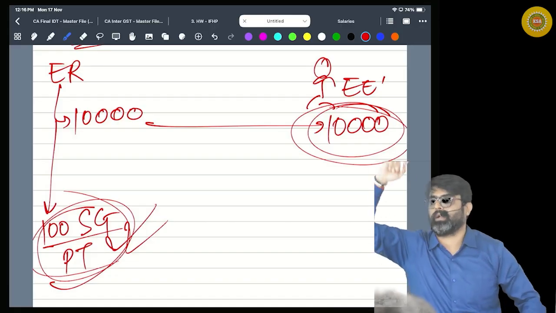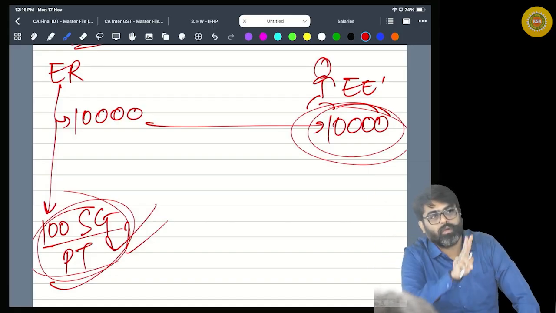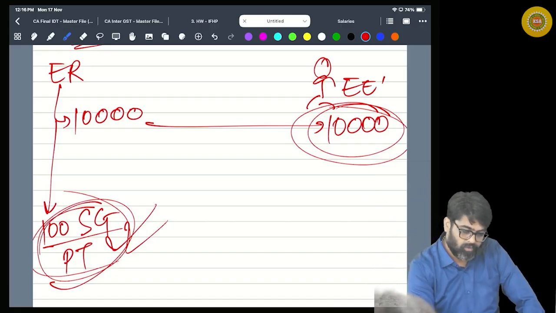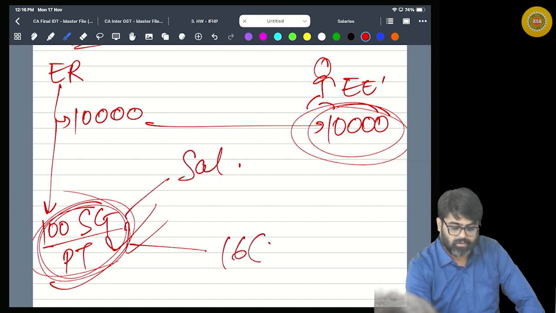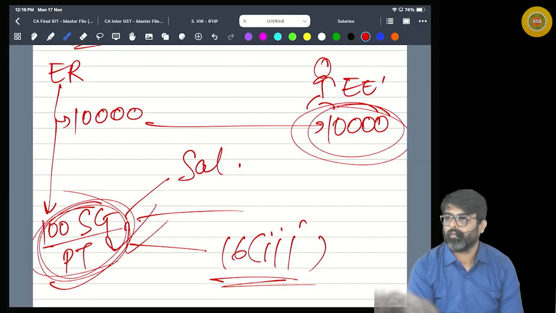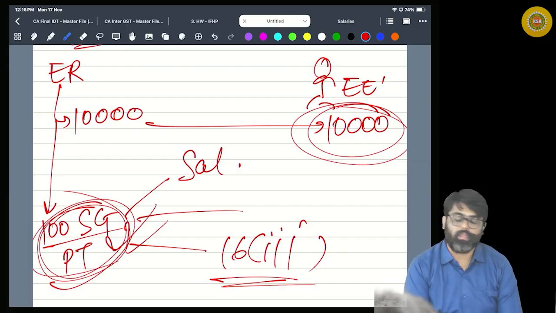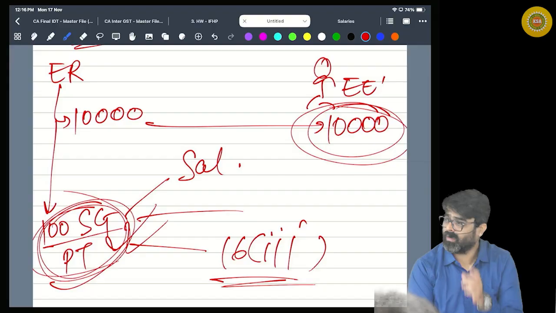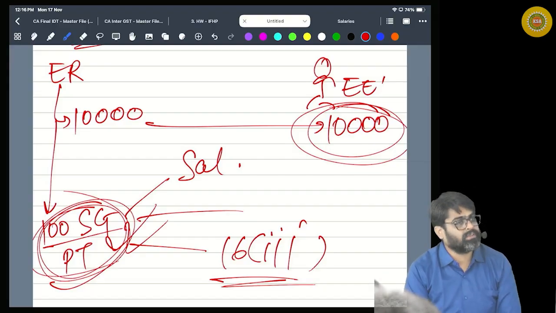Take the deduction of that 100. So now you are going to give two effects. First, this amount will be taxable as your salary, and then take the deduction under clause 3. Will you be able to do it? Yes or no? So this is the end of professional tax.